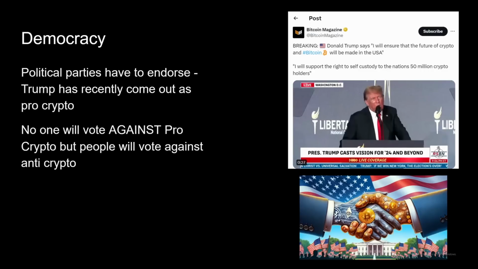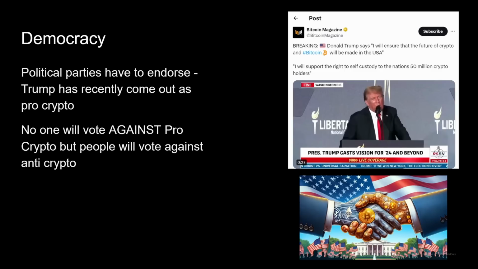And so now we're going to have a look at some of the game theory and how Bitcoin really changed the incentives. So because of the popularity of Bitcoin, political parties are now essentially having to endorse Bitcoin and crypto. Trump has recently come out as very pro-crypto, and this basically has forced the Democrats' hand to become also tolerant of crypto. I wouldn't say they're pro-crypto, but they are now tolerant.